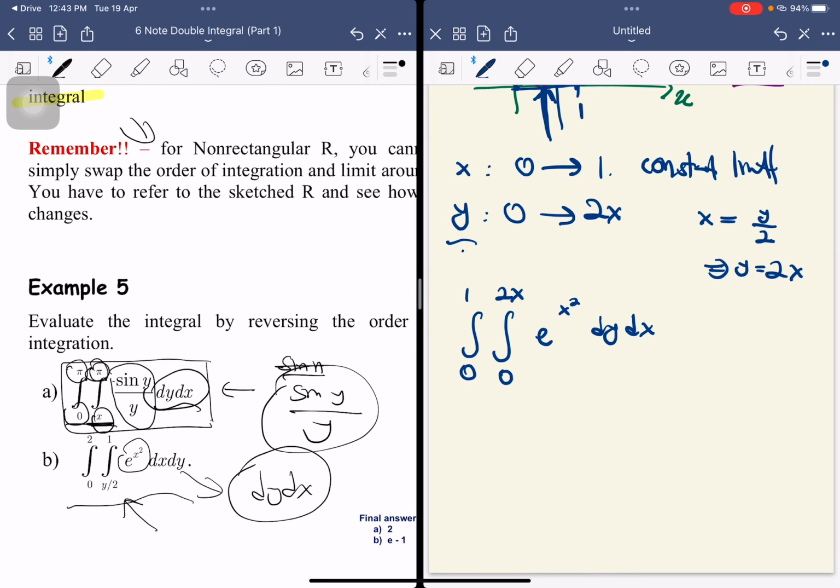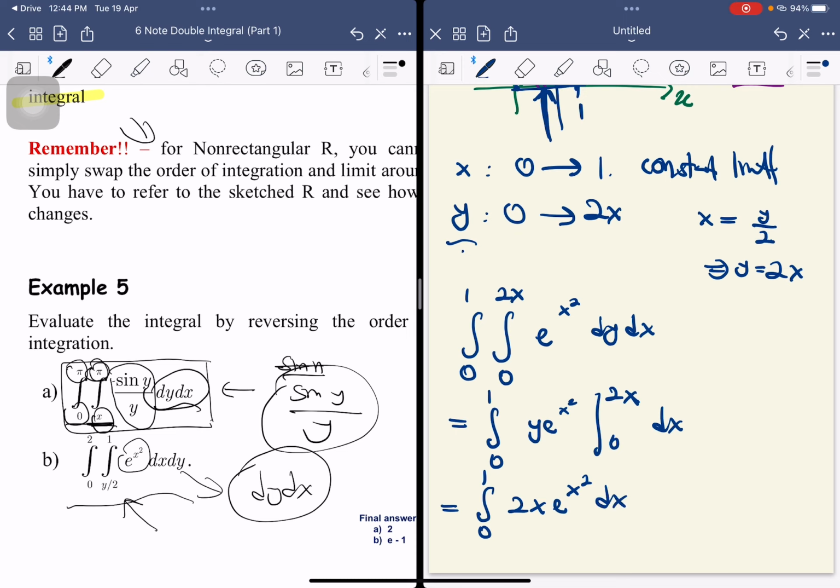After that you integrate as usual. We integrate with respect to y first, so we get y e to the power of negative x squared, 0 to 2x, dx. If you substitute, you're going to have 0 up to 1, 2x e to the power of negative x squared dx.